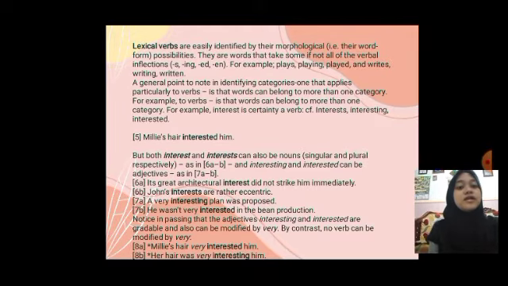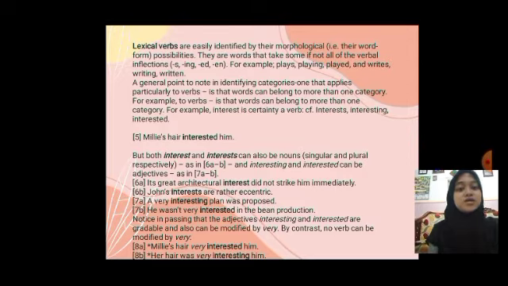But both interest and interests can also be nouns, singular and plural respectively, as in number 6a and 6b, and interesting and interested can be adjectives, as in number 7a and 7b. Number 6a, Its great architectural interest did not strike him immediately.